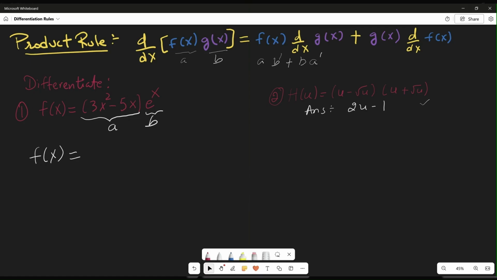Now we have simplified our formula, which is a times the derivative of b. So this is, as it is, 3x squared minus 5x times the derivative of e to the x, plus b times the derivative of a. b is e to the x, and the derivative of 3x squared minus 5x.